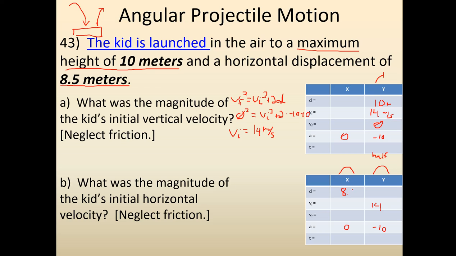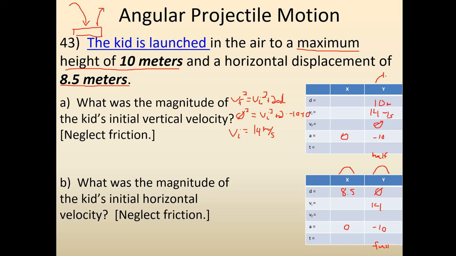Since I know that the total path is 8.5, I can use these numbers to figure out the time. I'd have to make this be 0 since I'm looking at the full time. Find the time, use it in here, and find the initial velocity. Another thing I could do is use this original one, find half the time and double it in order to find the full time, and then do all this.